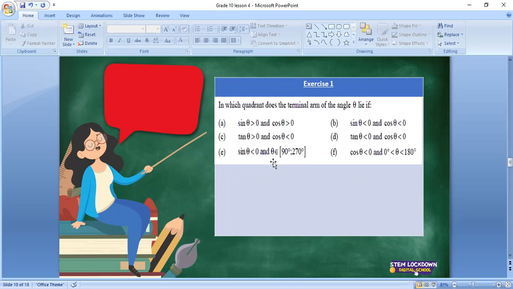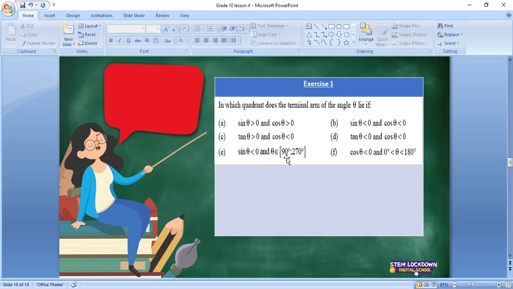Second quadrant. So let's see E now. E says, which quadrant has sine negative and theta an element of 90 and 270? Which quadrant has sine less than 0, meaning sine is negative, and at the same time theta is strictly between 90 and 270?